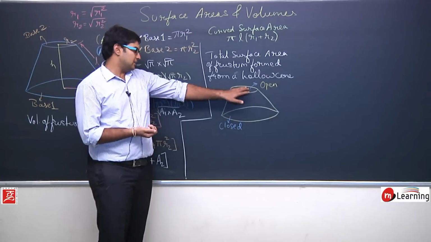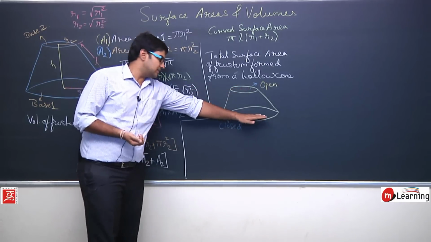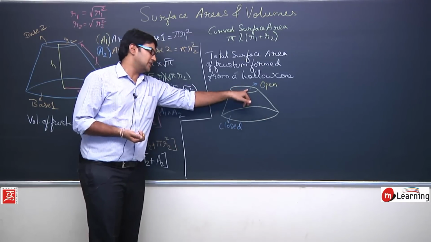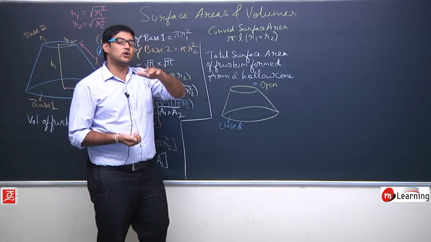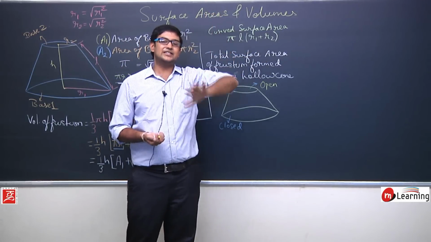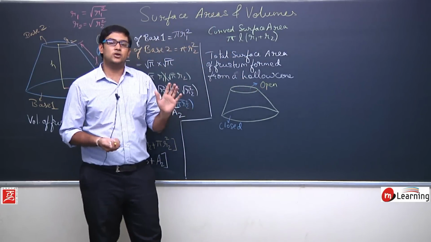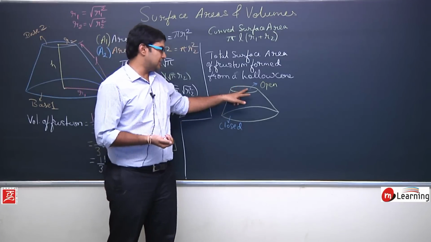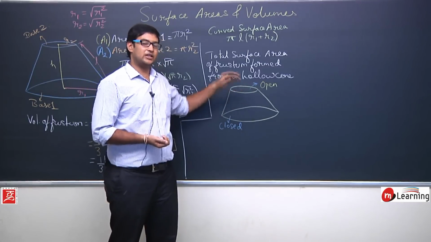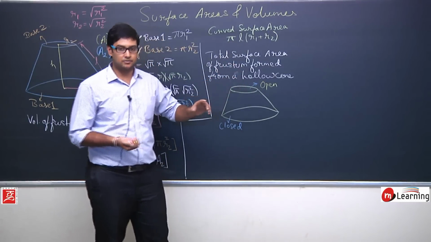So there is nothing here, nothing here. There is a base in this frustum, but this is open because it is a hollow cone. So if I cut a hollow cone, since there is nothing inside, this base will remain open to air. There is no covering. This is not covered.